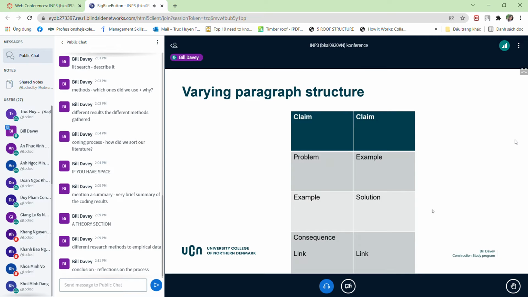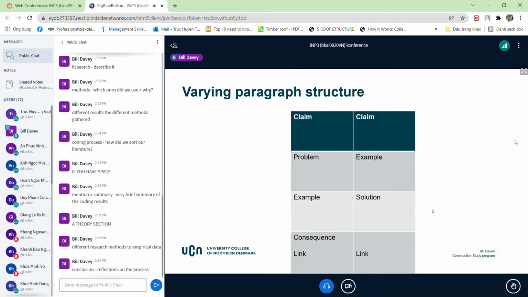If you write more than about 12, 14 lines in your paragraph, the chances are that it is not a paragraph anymore. A paragraph contains one main idea, just one.